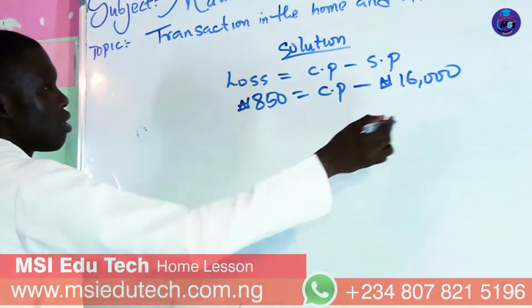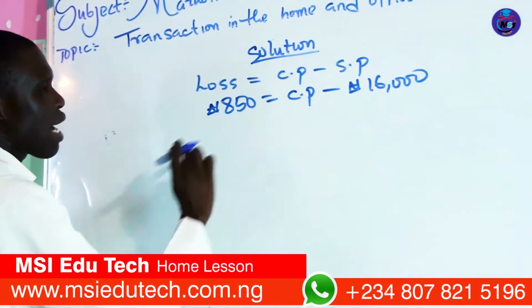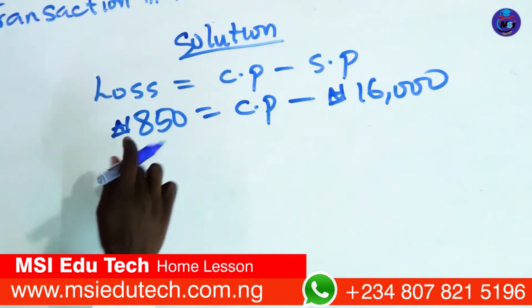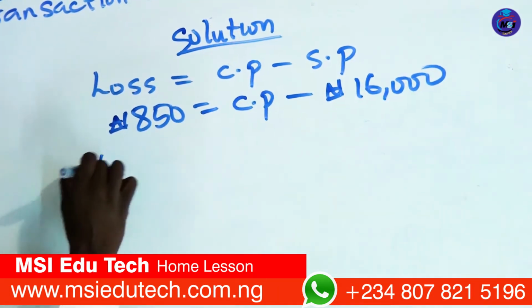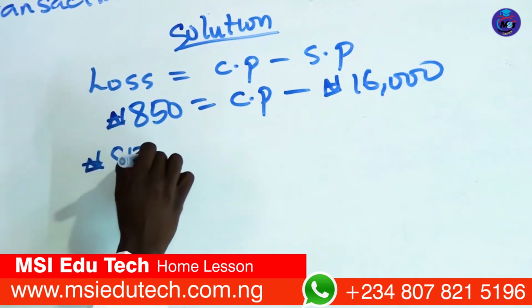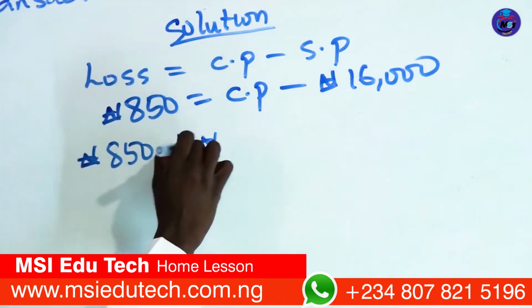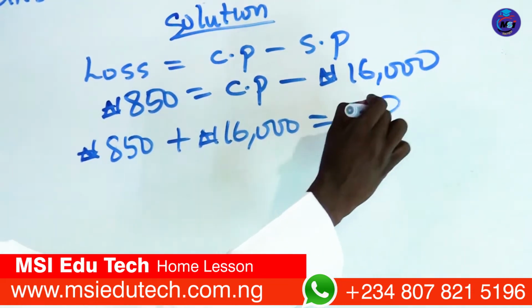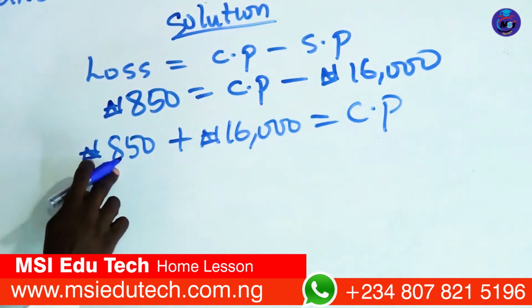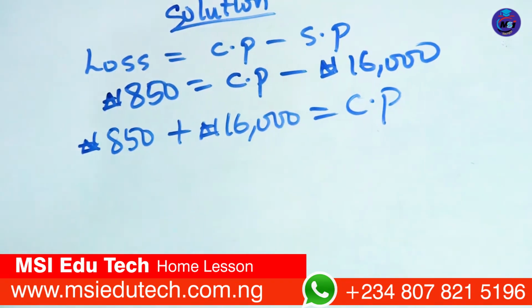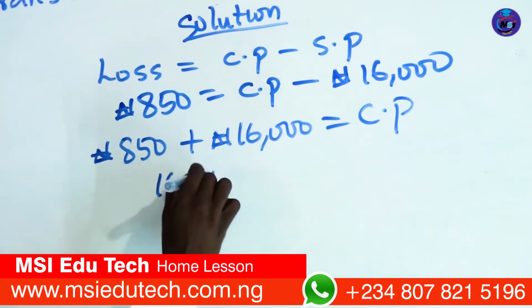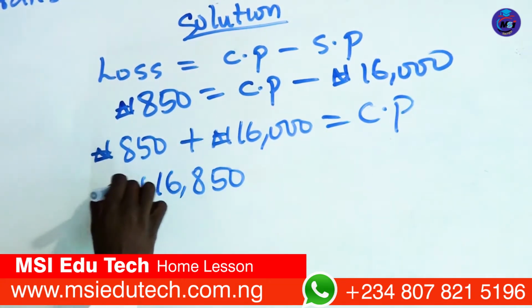Okay? Now, we want to find cost price. What will happen? This minus, when it crosses to this side, it turns to plus. We have 850 naira plus 16,000 equals cost price. 850 naira plus 16,000, we are going to have 16,850 naira.